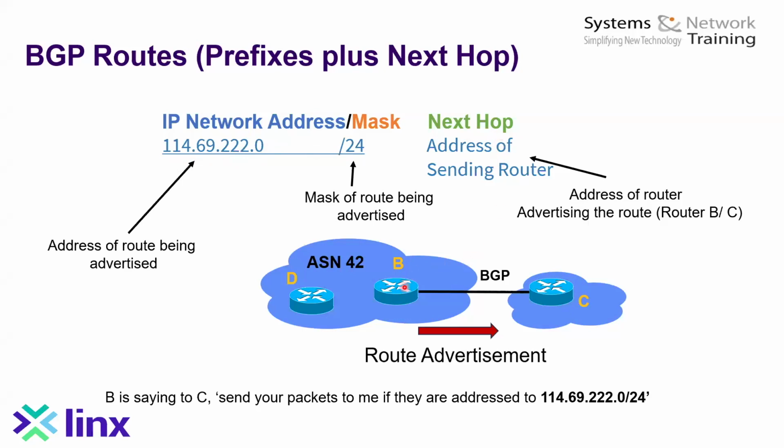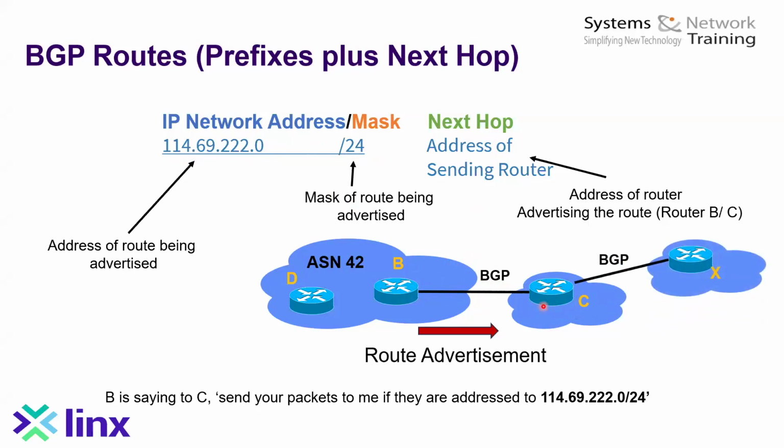It sends it back to B. B is advertising a network to C, so C can send packets to the network where devices live. If C gets a packet for anything on this network, it knows it can forward that packet to B because B advertised that network to it.